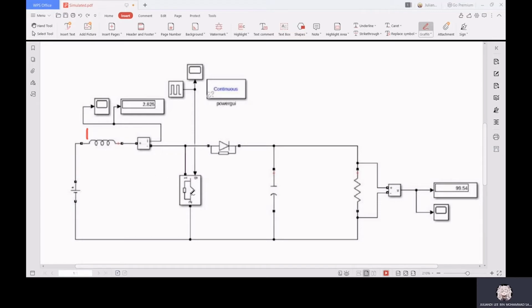And the switching device will then be turned off. When the switching device is turned off, all current supplied to the inductor will abruptly stop. Why? This is because the inductor is known for its smooth current flow.